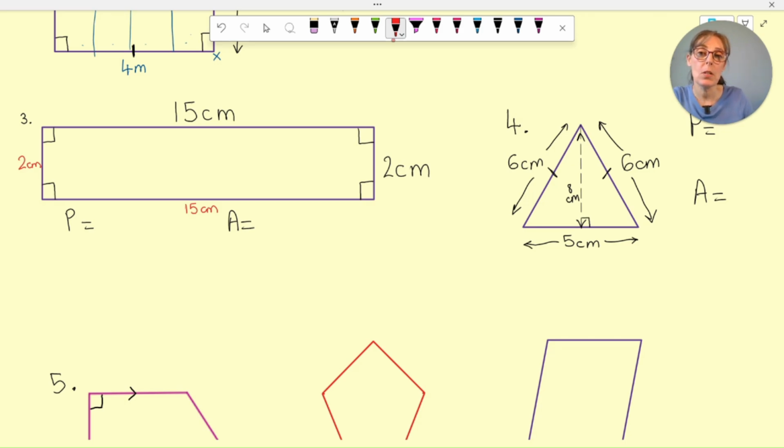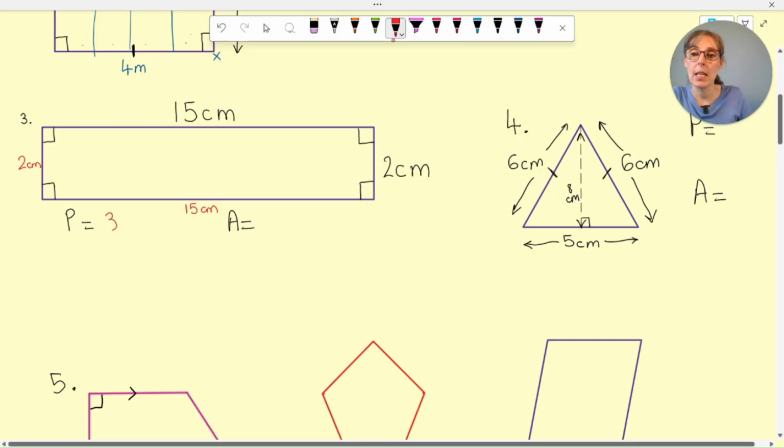So we've got 15 plus 2 is 17, plus 2 plus 15, but I'm going to add the two 15s together because it's easier for me. So 15 add 15 is 30, and 2 plus 2 is 4. 30 plus 4 is 34 centimeters in length.